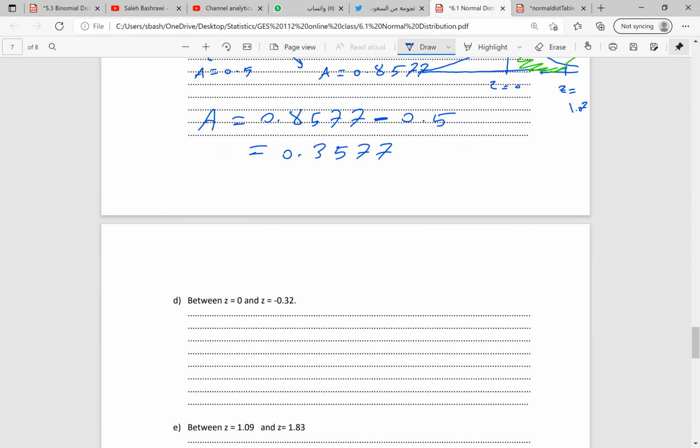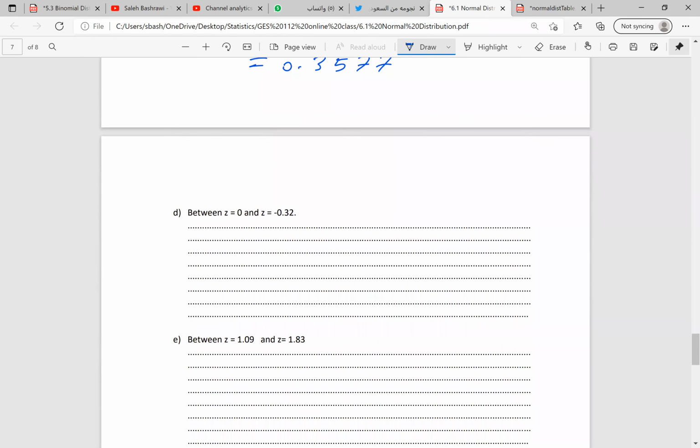One more example. Let's take example 2: between z equal to 0 and z equal to minus 0.32.